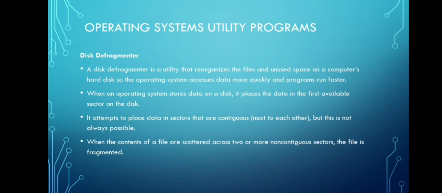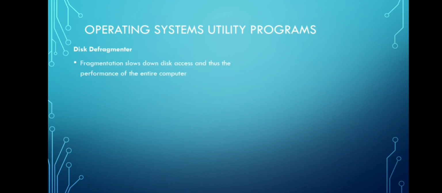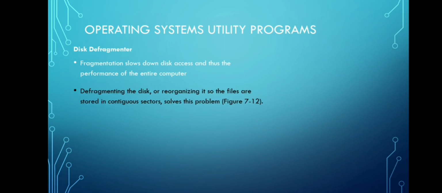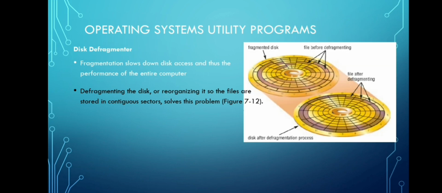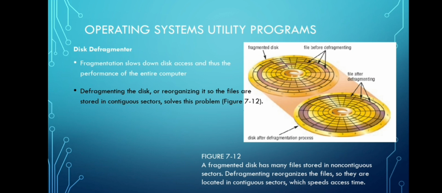When the contents of a file are scattered across two or more non-contiguous sectors, the file is fragmented. Fragmentation slows down disk access and thus the performance of the entire computer. Defragmenting the disk, or reorganizing it so the files are stored in contiguous sectors, solves this problem. Windows Vista includes a disk defragmenter available on the System Tools list.